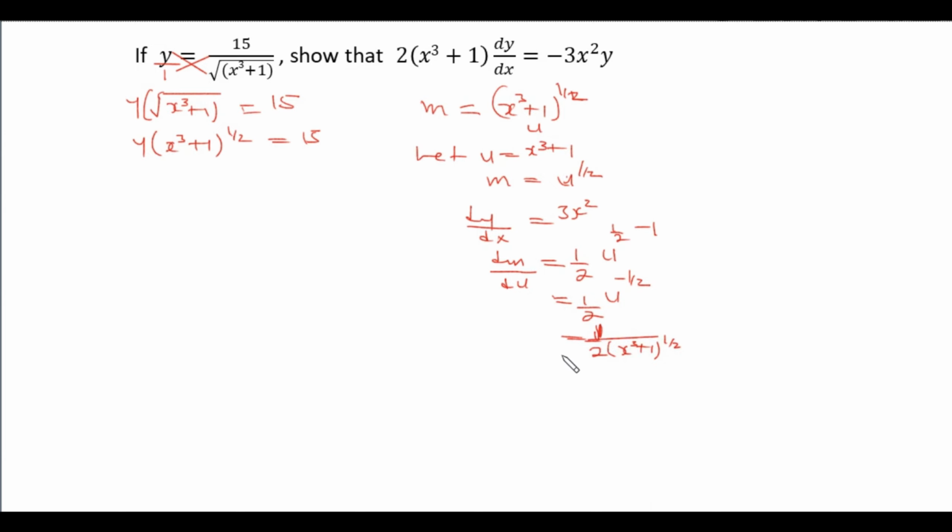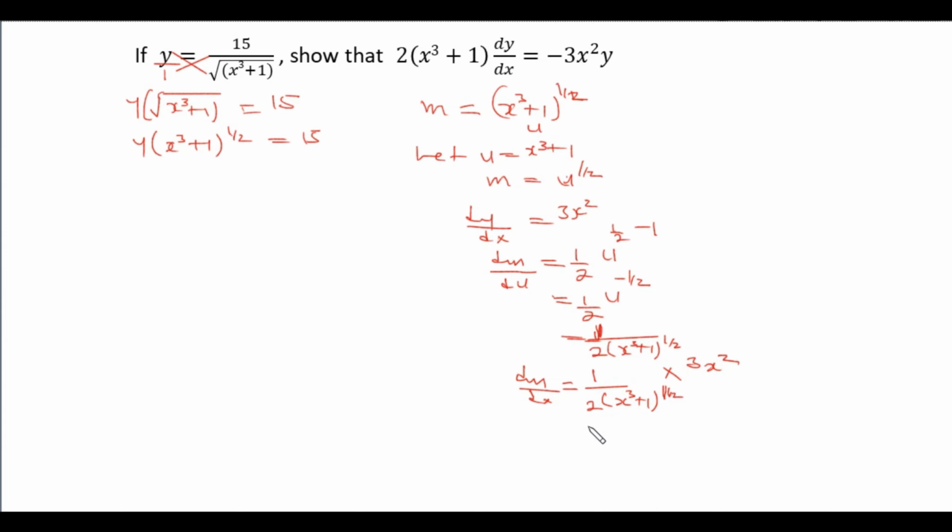Now let's use the chain rule, which says dm dx is equal to 1 upon 2 times (x cubed plus 1) raised to the power half, multiplied by du dx, which here is 3x squared.